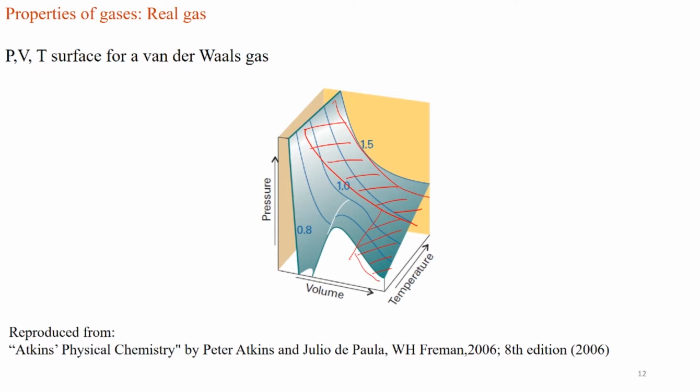So the van der Waals gas equation can satisfactorily explain the limiting cases, that is at high temperature and at very low pressure. The equation of state will reduce to the ideal gas equation of state, or the PVT surface will also look like that of an ideal gas.